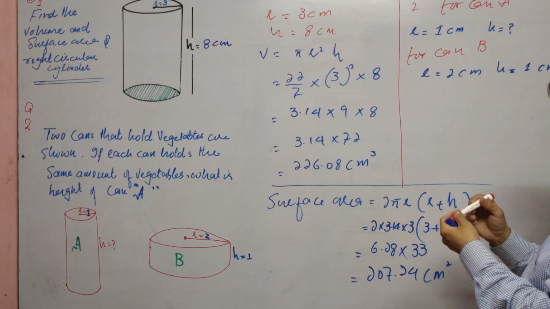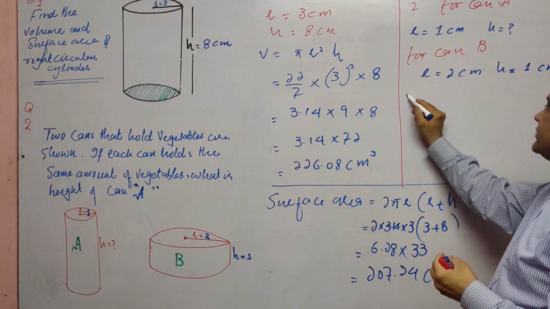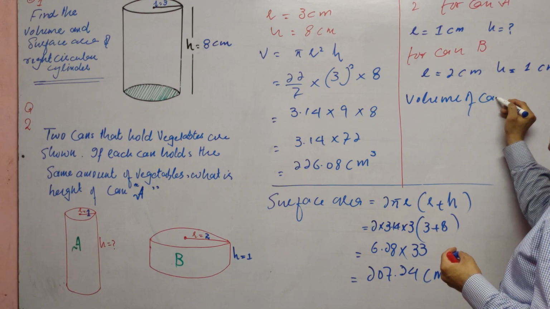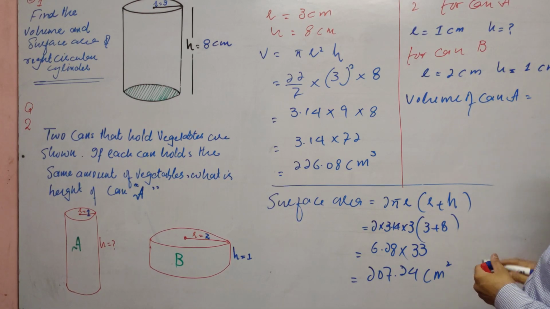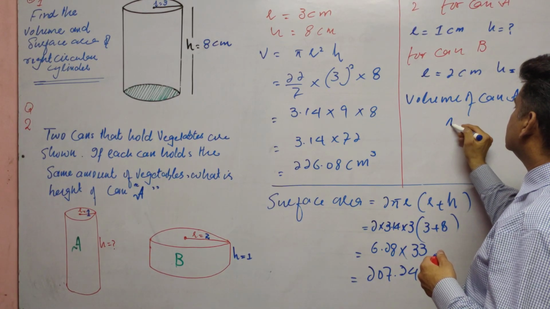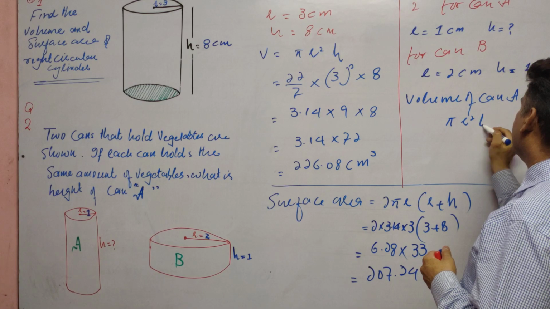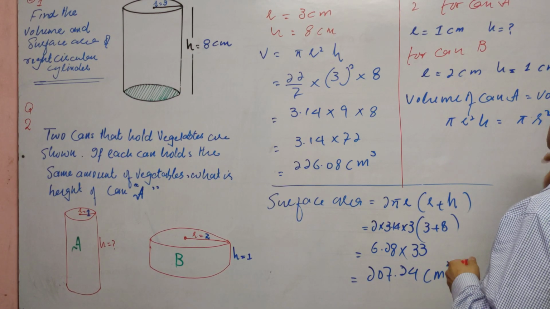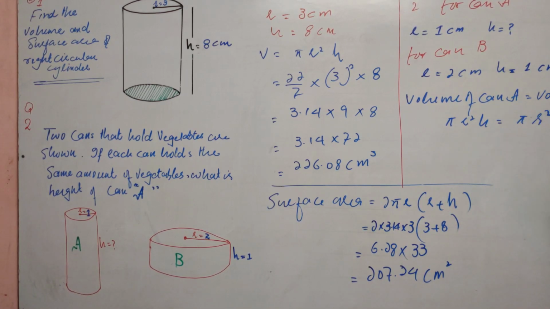So we write volume of can A will be equal to volume of can B. So volume of can A, pi r square h, will be equal to pi r square h, but the value of radius and height will be different for both.